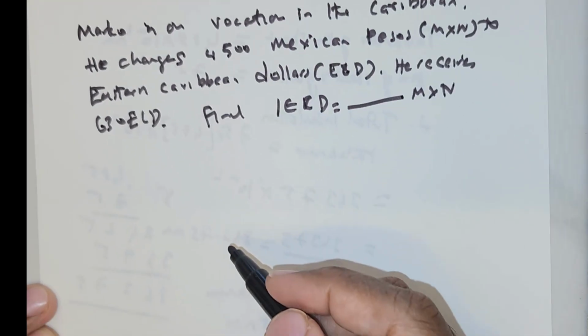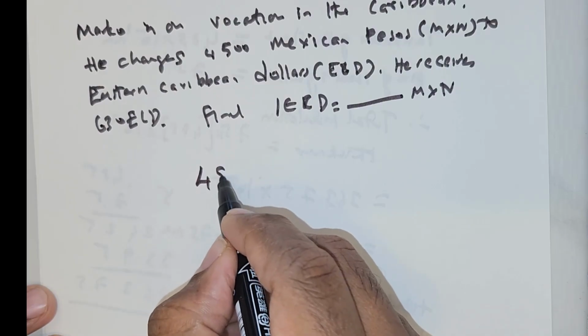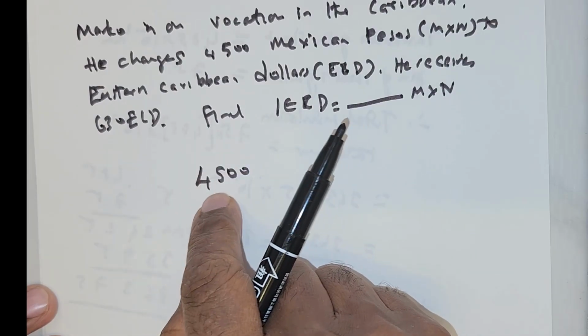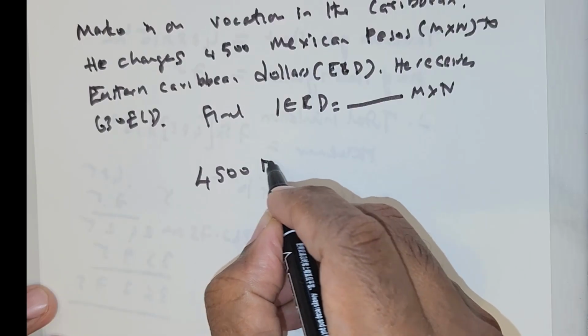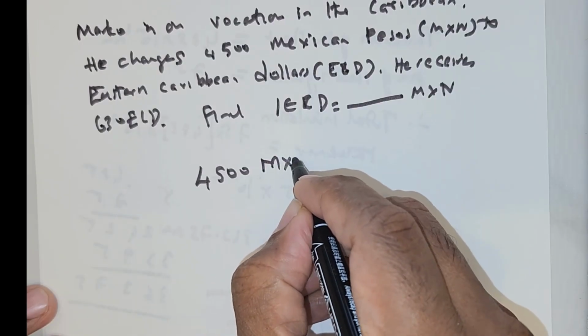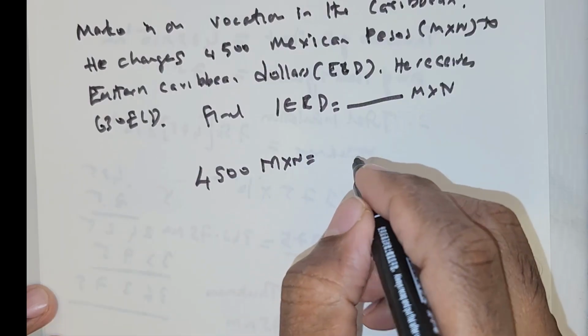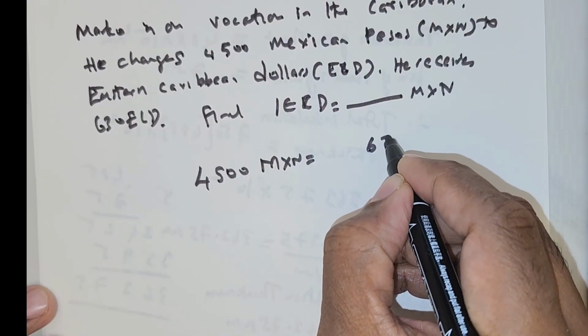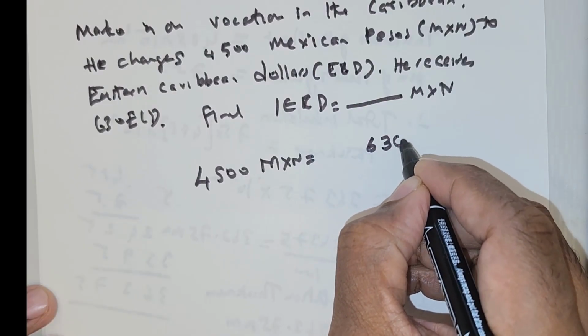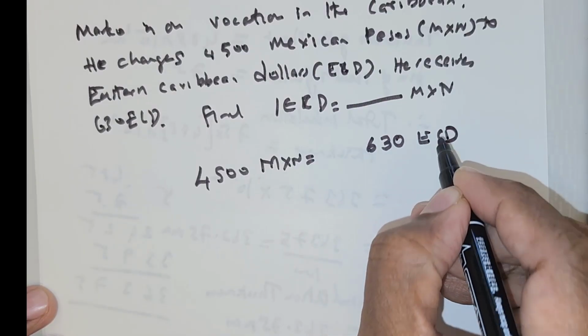So what does he do? He changes 4,500 Mexican pesos, and what does he receive? He receives 630 ECD.